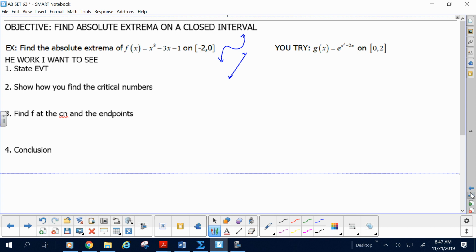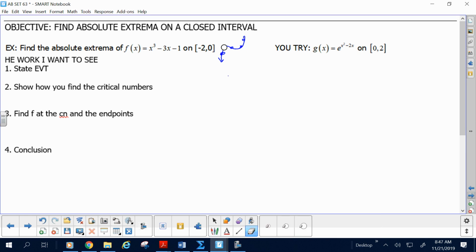But because I am cutting it off, it will have absolute extrema. The question is, where are those endpoints in reference to the curve? Are they here? Or are they here? So many different places could result in totally different outcomes.